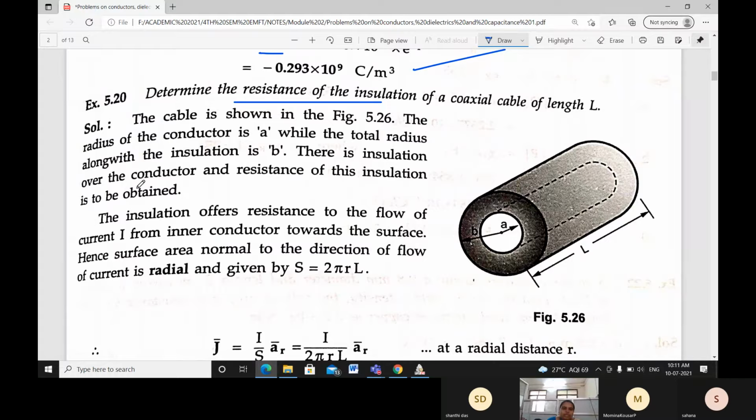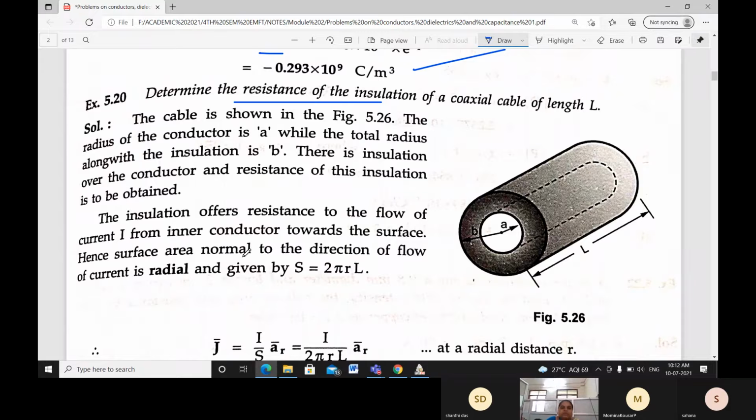There is an insulation over the conductor, and the resistance of this insulation is to be calculated. The insulation offers a resistance to the flow of current I from the inner conductor towards the surface.